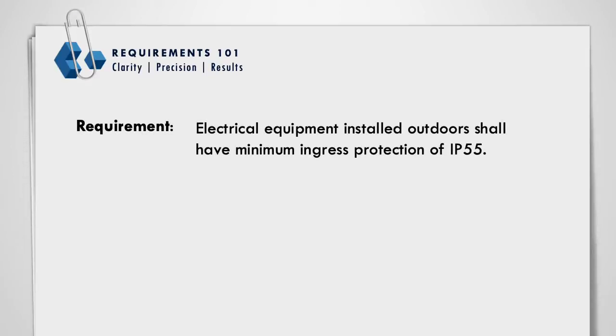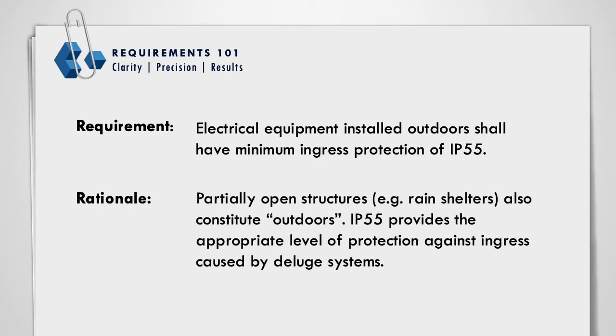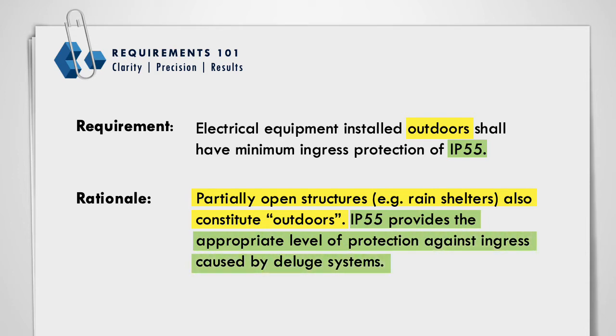In the absence of the context of the requirement and in the absence of a rationale, it's difficult to decipher. We constructed this rationale to help demystify the requirement. In the rationale, we provide more context for the term outdoors to avoid any misunderstandings. And we establish why we need IP55 ingress protection. The rationale is so important even for requirements that on first inspection look okay.